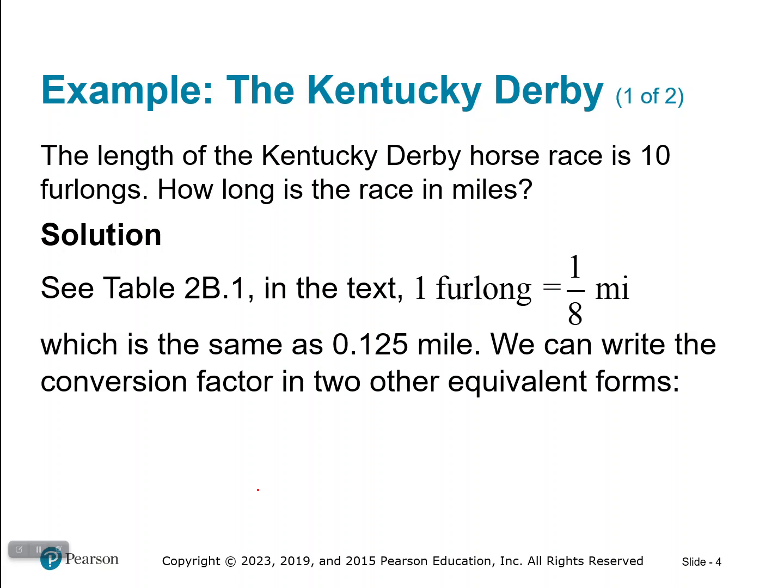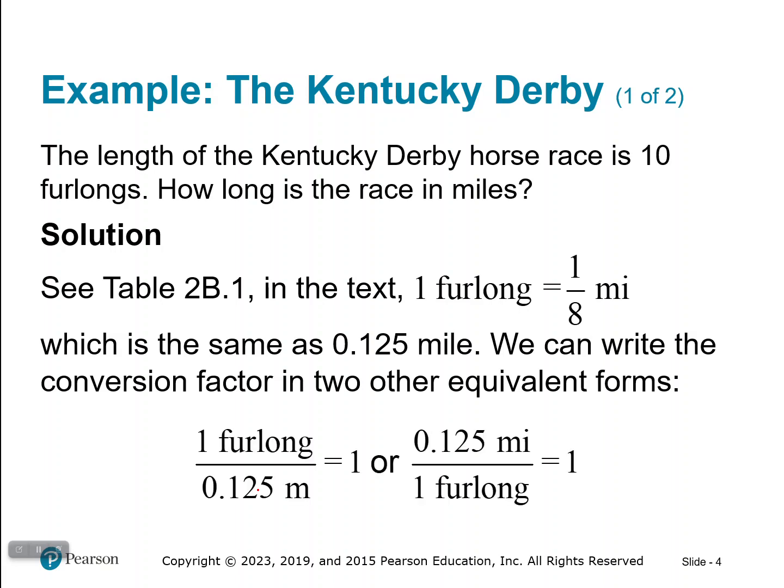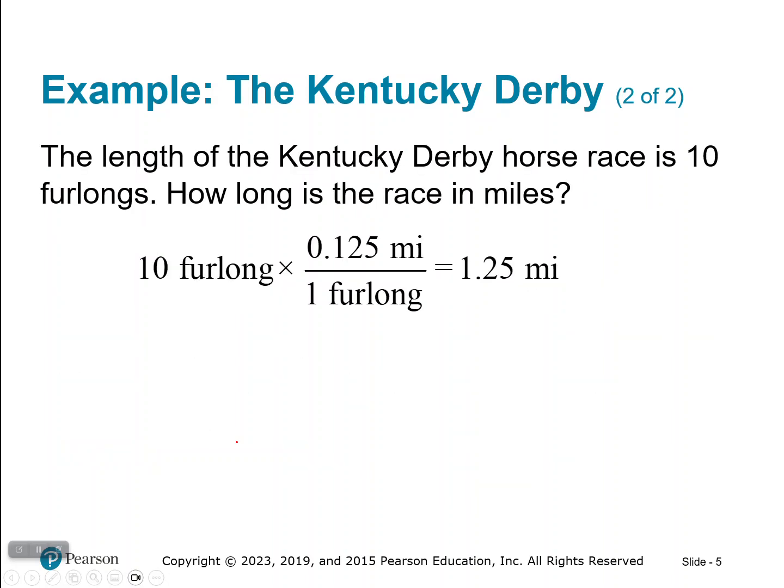And we could write the conversion factor in two other equivalent forms, right? We have 1 furlong equals 0.125 miles. Remember, just like we did with the feet and the inches, we can divide it by either side and it'll make a 1. So we could use this as our conversion factor.